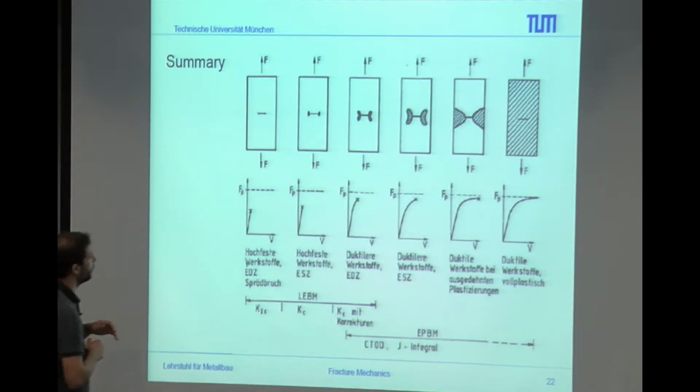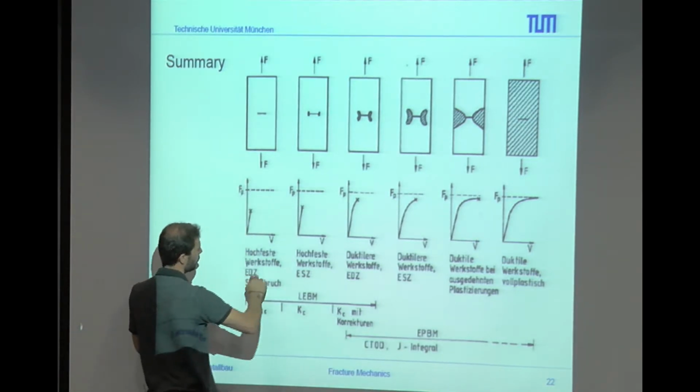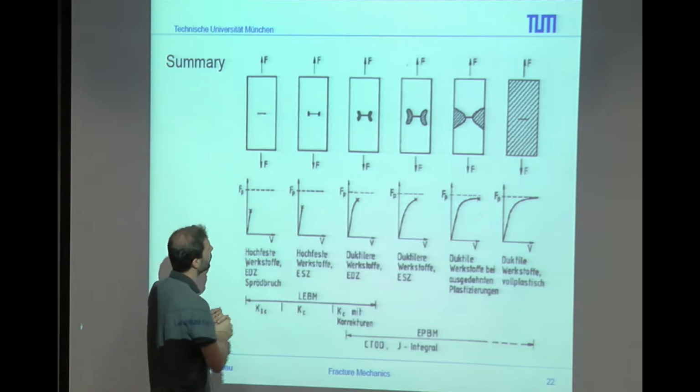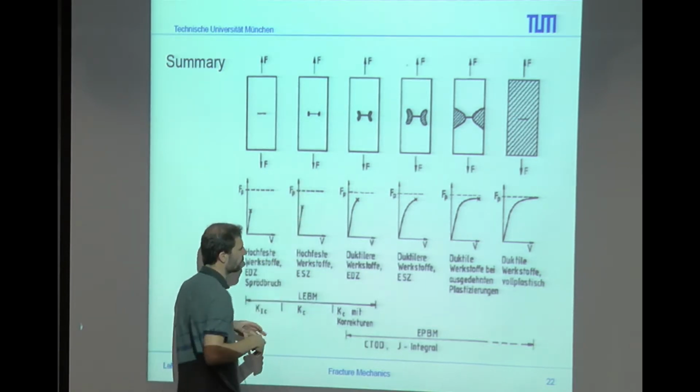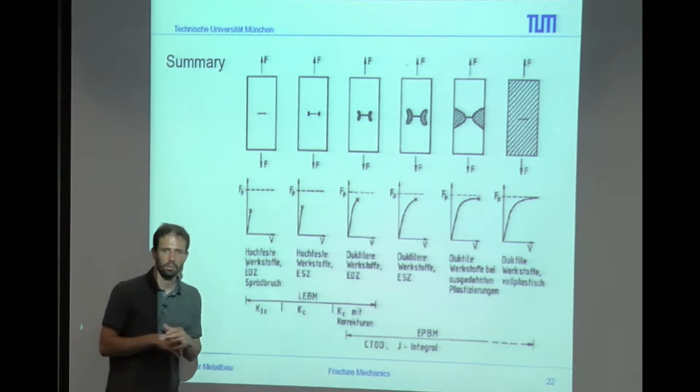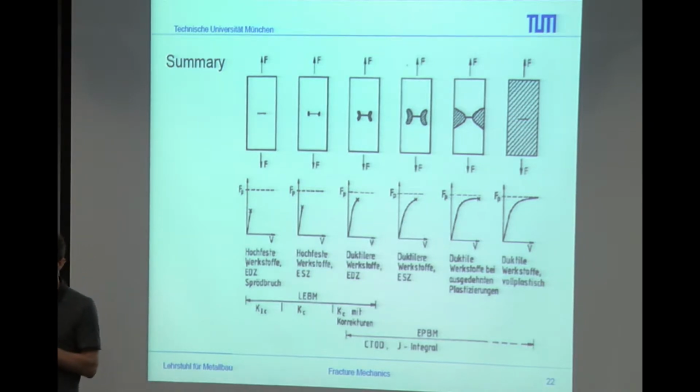So for a small loading, we have here plane strain behavior. If we get some more information into our material, this is what was meant before by the bone model.